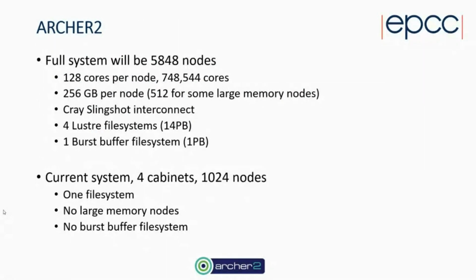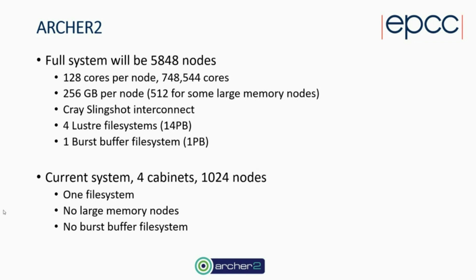Each node has 256 gigabytes, although when we have a full service, there'll be a set of nodes which have 512 gigabytes, so some large memory nodes. I can't remember off the top of my head how many of those there are. It's something like 300 nodes, I think, but I could be lying. But of that order anyway. So the majority of the system has 256 gigabytes. All the nodes are connected together by Cray's Slingshot interconnect, the new Cray network.